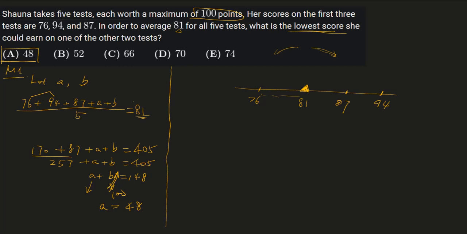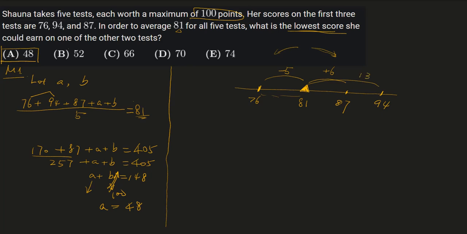So, okay, let's look at the deficit. How much deficit do we have from this 76? That's 5, right? We have a deficit of 5. I use this minus sign to show that. And the other two numbers give surplus. 87, we have a surplus of 6. And 94, we have a surplus of 13.